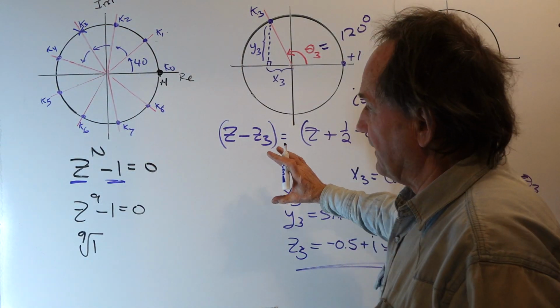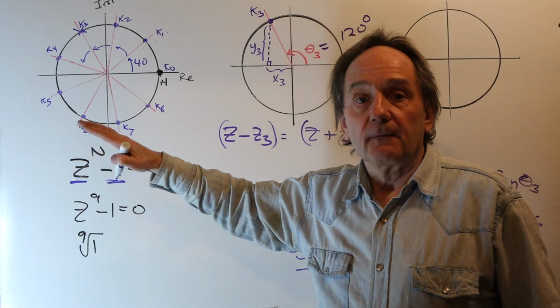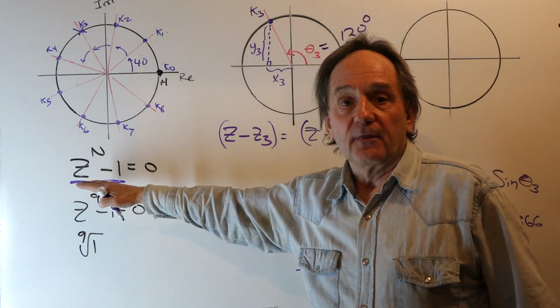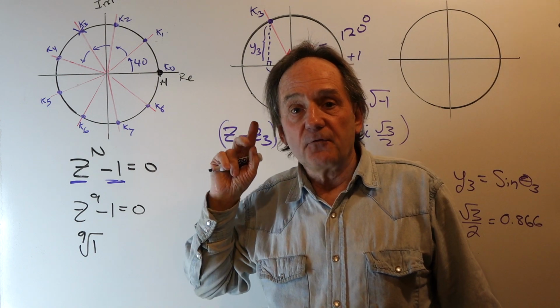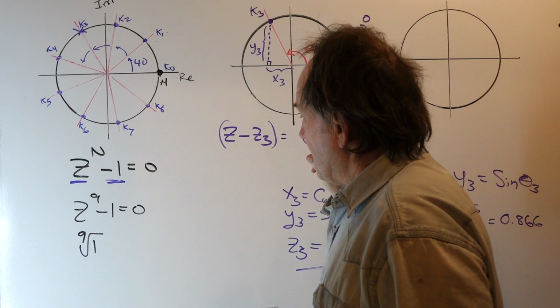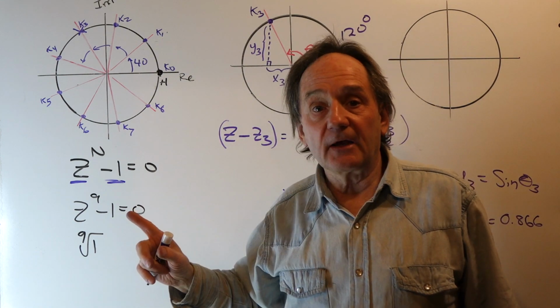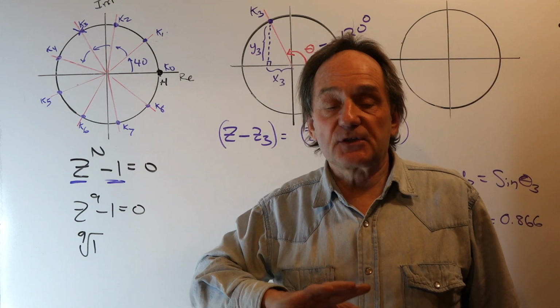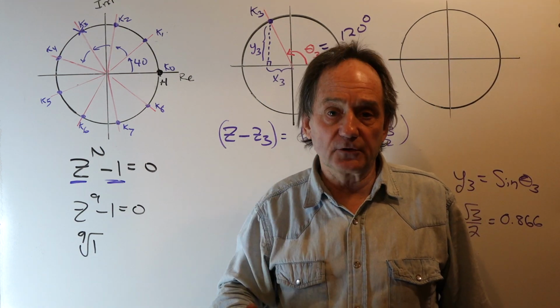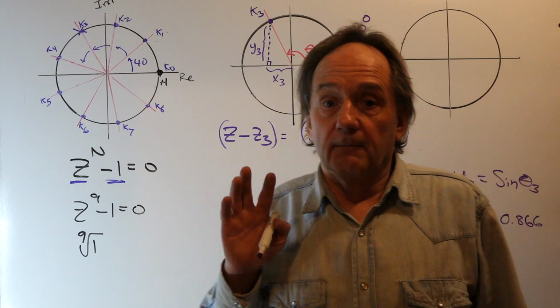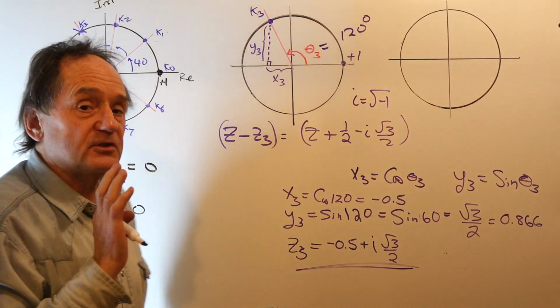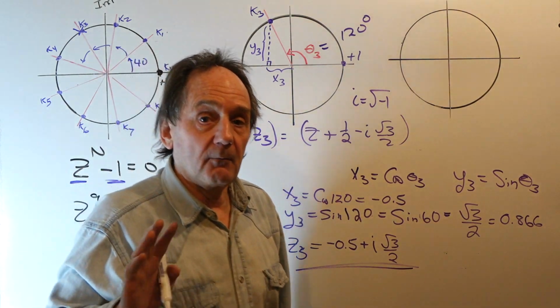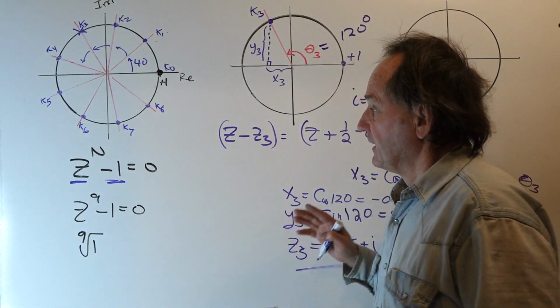I've proven this in another video: if you find a root to be complex, there's also its conjugate pair that's also a root. Complex roots in polynomials with real coefficients always occur in complex conjugate pairs.